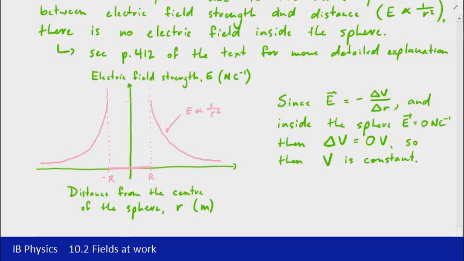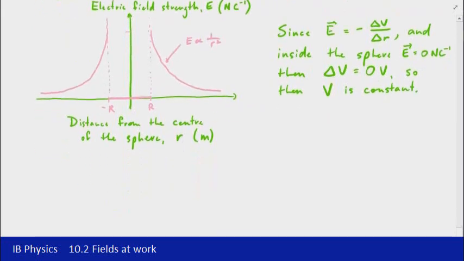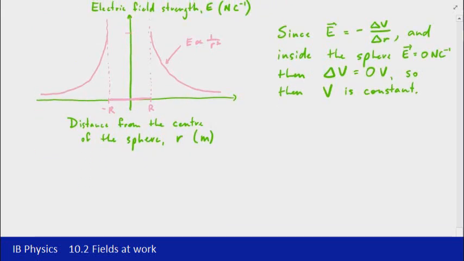What's the value of that going to be? Well, if we go back to that idea of treating the outside of the sphere as though it's just a normal radial charge concentrated at the center of the sphere, we can then identify that the potential inside the sphere is simply going to be the potential at the surface of the sphere.